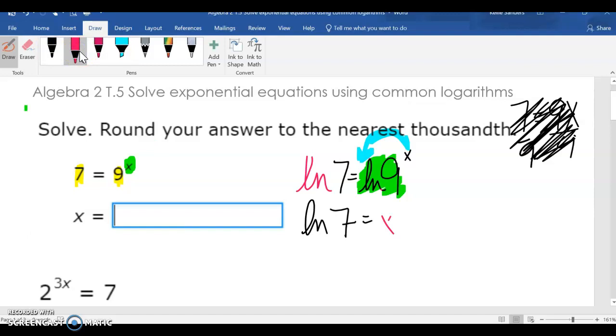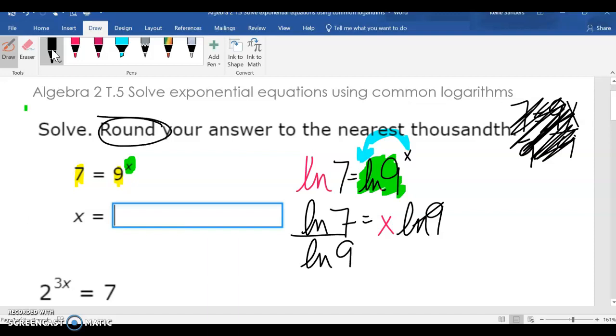Now I'm going to put that one in red. Now the x and the natural log 9 are being multiplied together. So to get x by itself, we would divide by natural log 9. We are going to round. If it said put it in an exact manner, then that would have been the answer. But because it said to round, we're actually going to have to use the calculator.